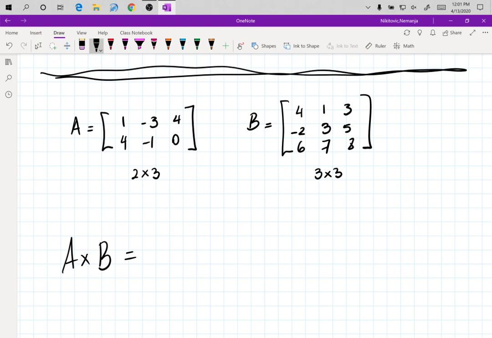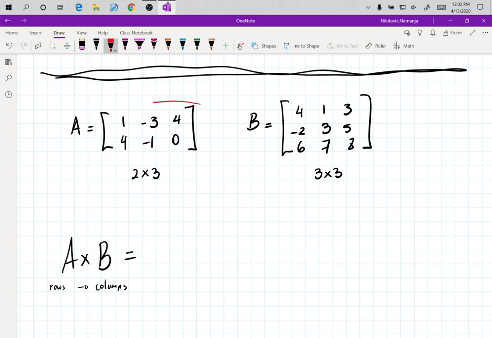So, 2 rows, 3 columns. We are expecting a 2 by 3 answer, right? But let's actually see it.